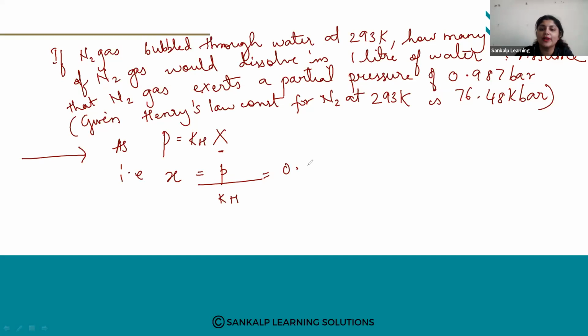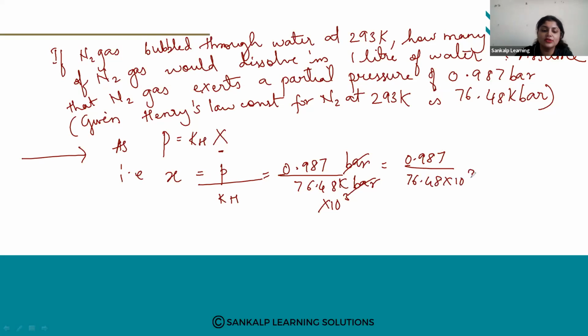Pressure is 0.987 by 76.48. This is bar and this is kilobar, and kilo means you can write 10 raised to 3. So this will be 0.987 divided by 76.48 into 10 raised to 3. Solve this and see what answer you are getting.